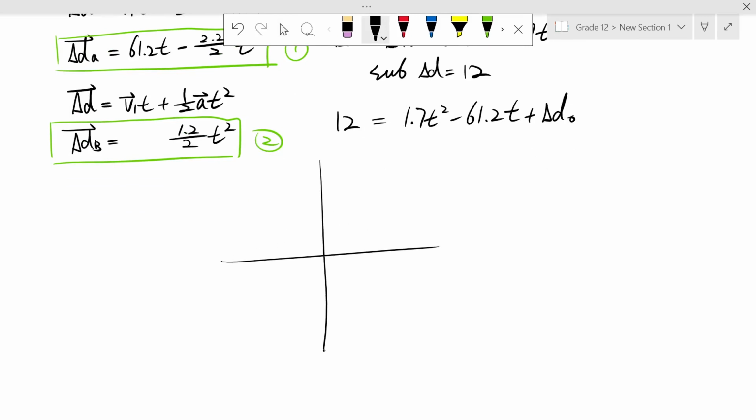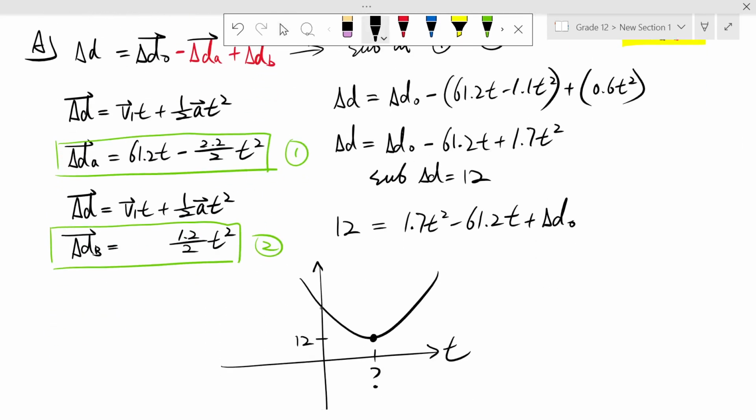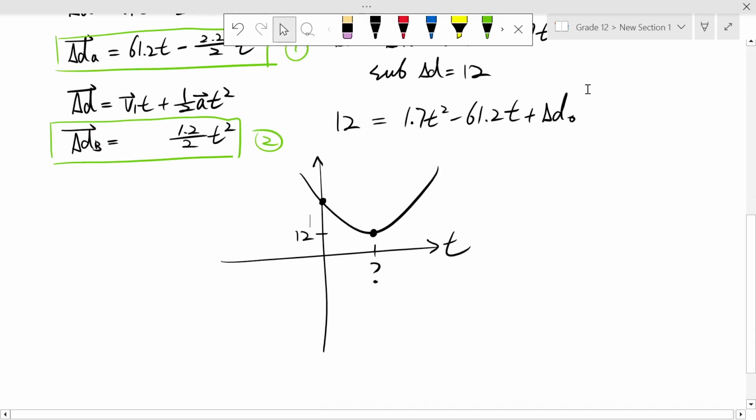So you will have something that has a minimum, and at that minimum the height will equal 12. It's a displacement time graph, and we're trying to find the t. When we find the t, we can find this point. In other words, we're trying to find what the constant coefficient is. So that's that.